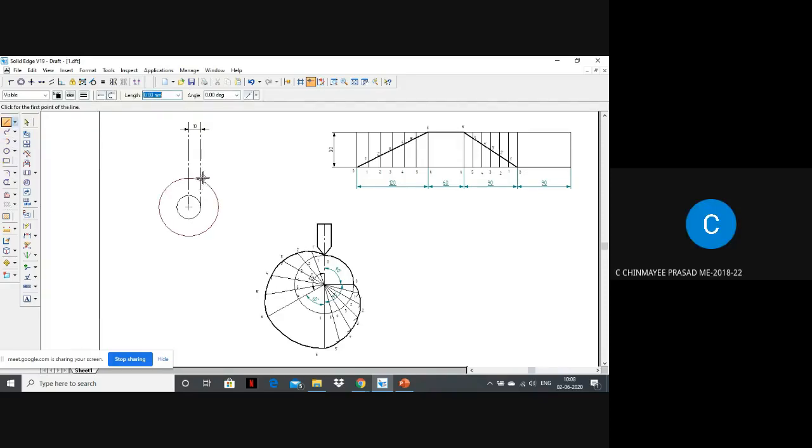Actually, now the knife edge cam follower comes to this point, but here it will come for this point. This is the follower. Have you got the idea why? What is the difference between these two?